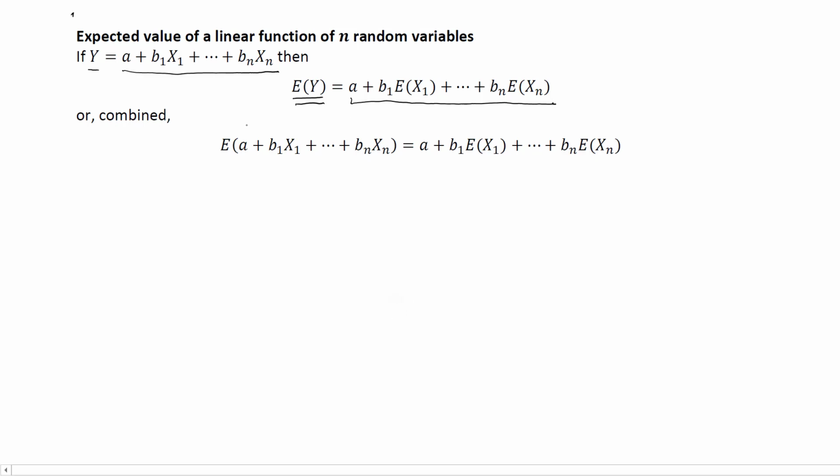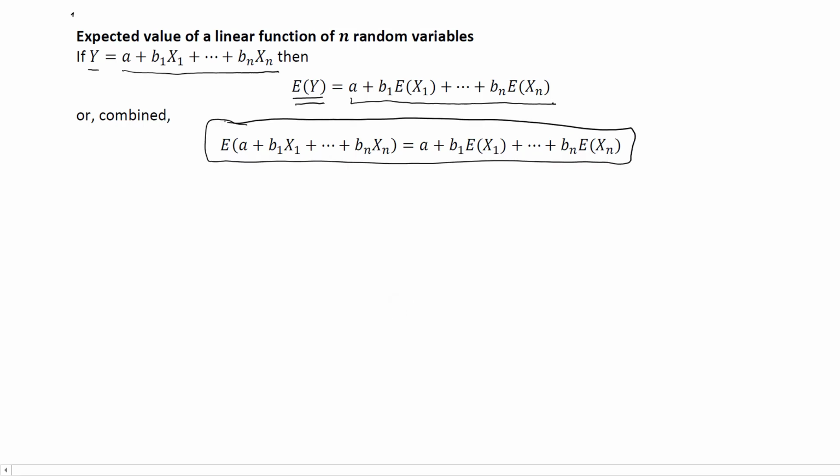So the way you typically see this is in the following form. The expected value of this linear function is a linear function of expectations. Another expression that's common is to say that we can move the expectation operator inside a linear function.